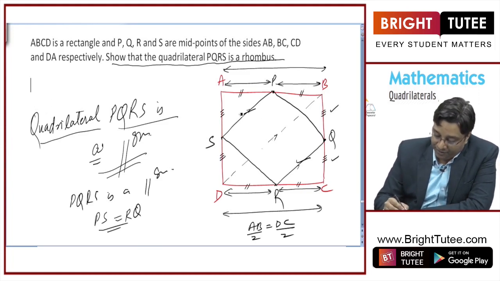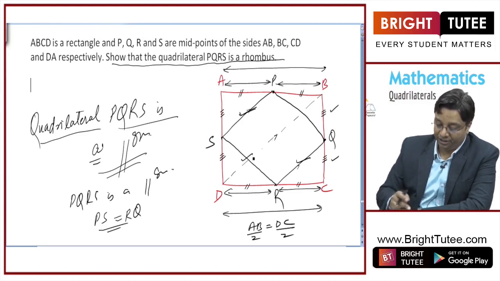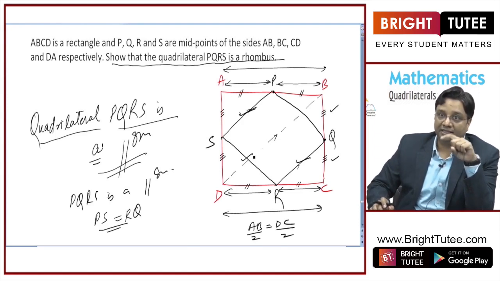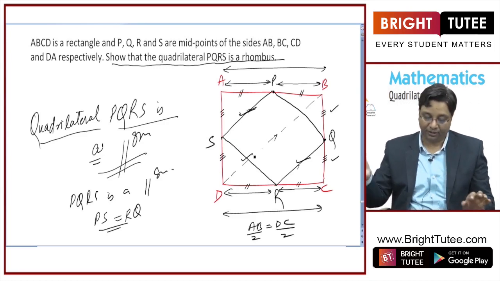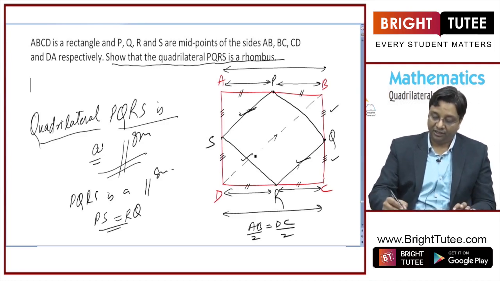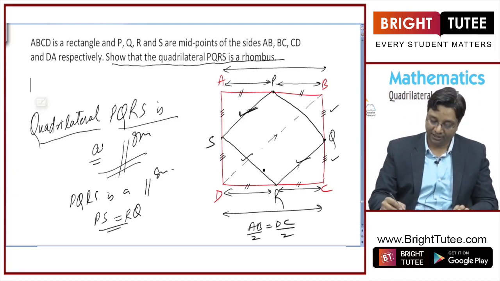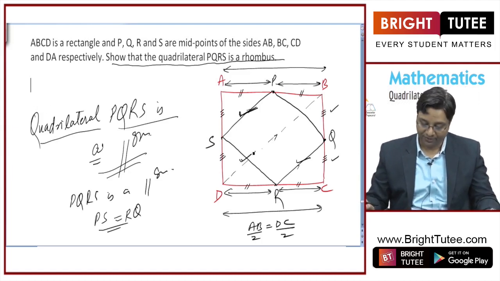If I can say that PS is also equal to SR, it is enough to prove that PQRS is a rhombus. So, if I can prove that adjacent sides of a parallelogram are equal, then this parallelogram will become a rhombus. Okay. So, let us start the question with the aim to prove that PS is equal to SR. If we can do that, we can say that PQRS is a rhombus.